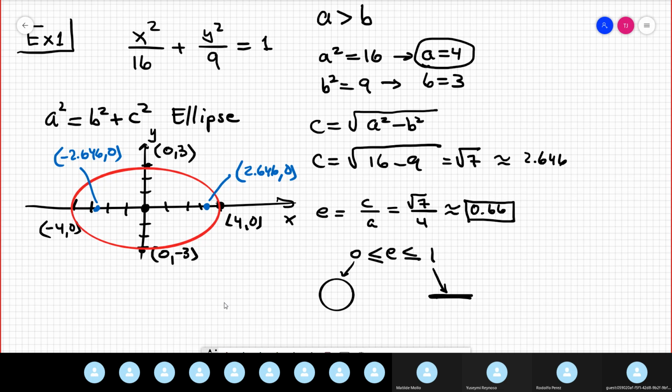I need to find the vertices. By the way, the center of this ellipse is located at 0,0, no? The center is at 0,0 because I don't see any h and any k here.